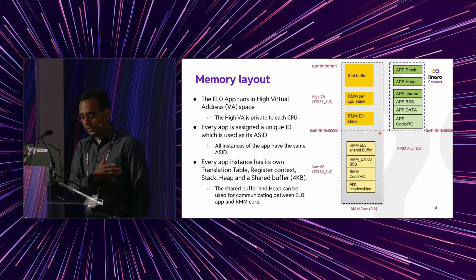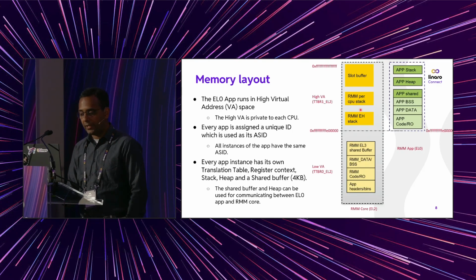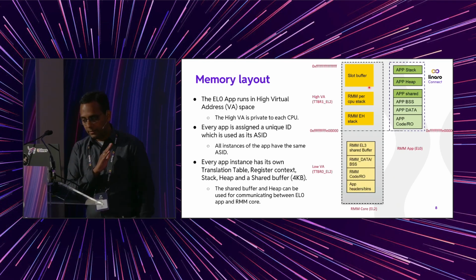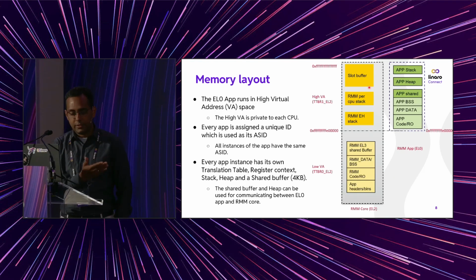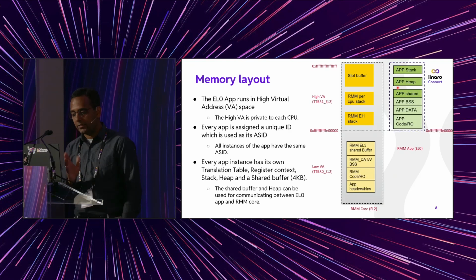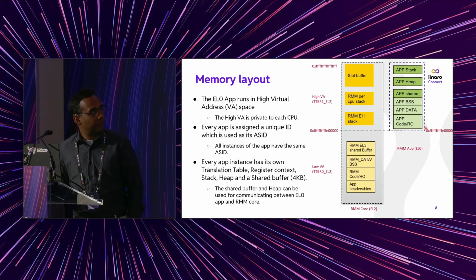So today, the low VA is used for RMM code, data and shared buffers, and the high VA is used for the RMM stack and slot buffer. And when RMM starts executing the app, the high VA is replaced with the EL0 app's address map, and the low VA is disabled while the app is executing.